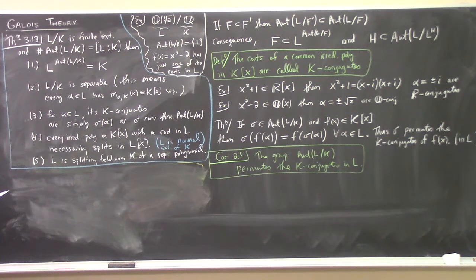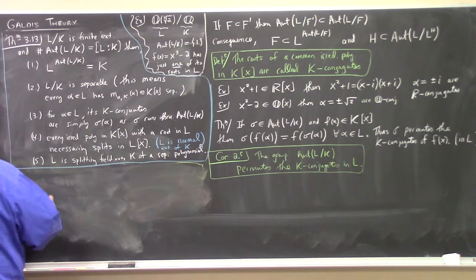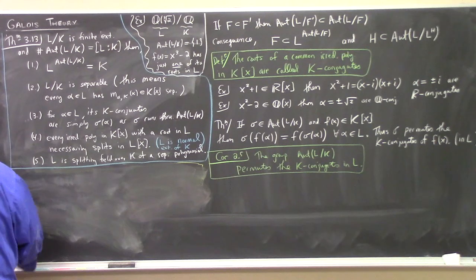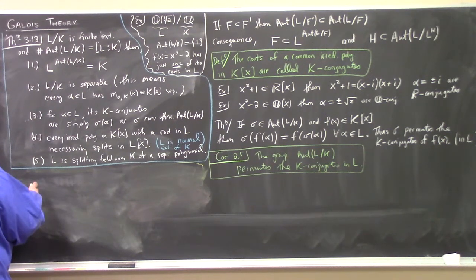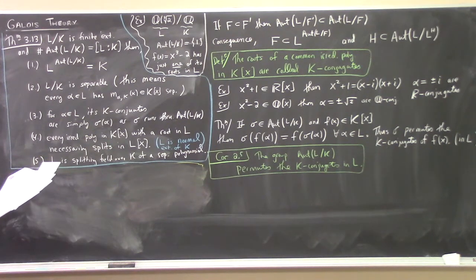In example 3.15, he says any quadratic extension, separable or not, even in characteristic 2, is normal. And then he proves it. I guess I can afford to do that. Actually, I'm going to behave and not do that.